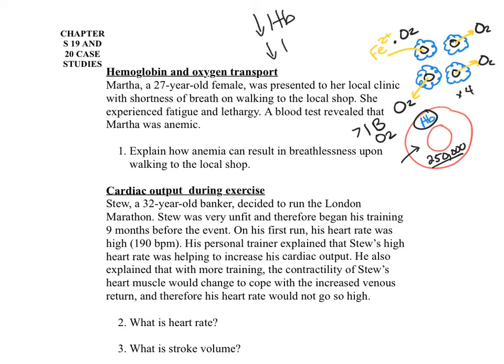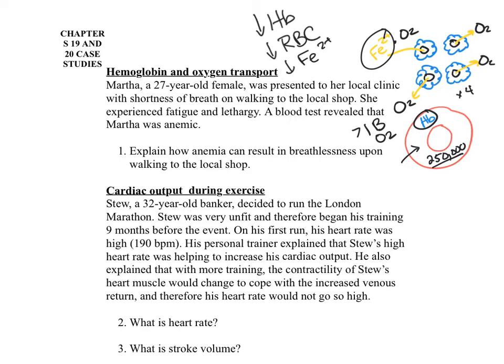So maybe the red blood cell count is down, and then you don't have enough hemoglobin to carry the oxygen. And then the other type is that possibly you don't have enough iron. We call that iron deficiency anemia, and then you also don't have enough oxygen carrying capacity.